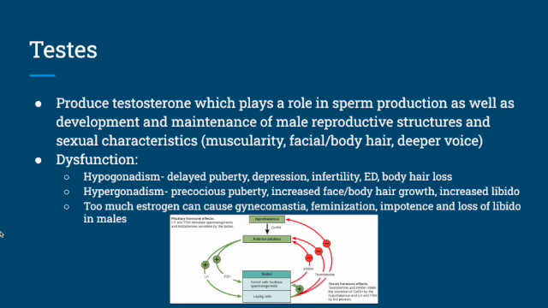The Sertoli cells facilitate spermatogenesis, making sperm cells, and then we'll also create something called inhibin, which you don't need to know about, but will act back on the anterior pituitary to turn down the dial. And then the Leydig cells will produce testosterone, which then acts on the anterior pituitary and the hypothalamus, again, to turn down and regulate that negative feedback loop.